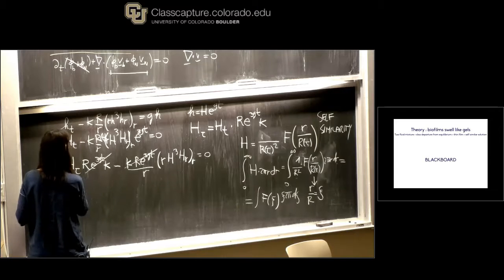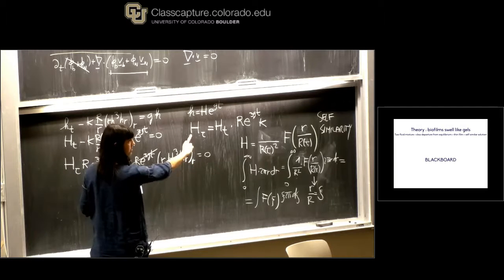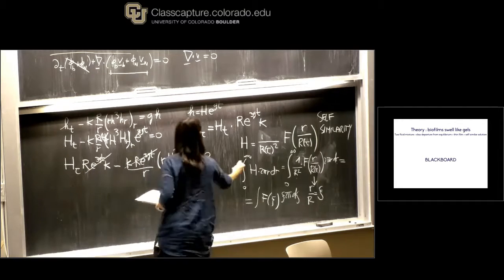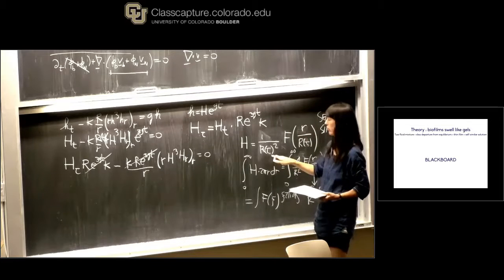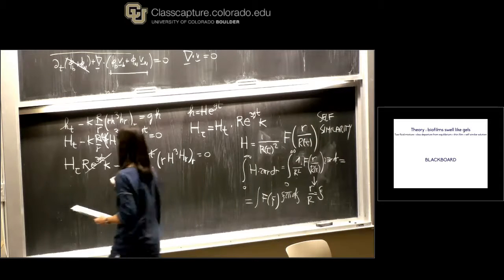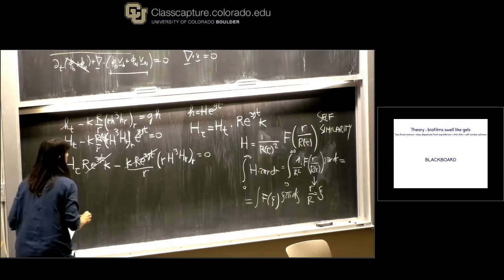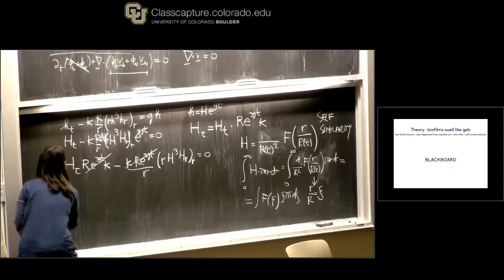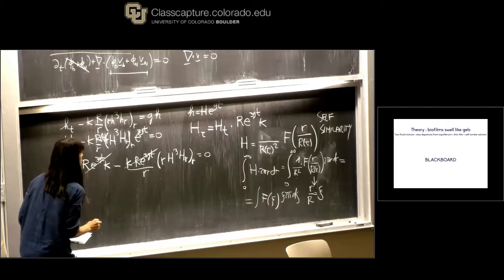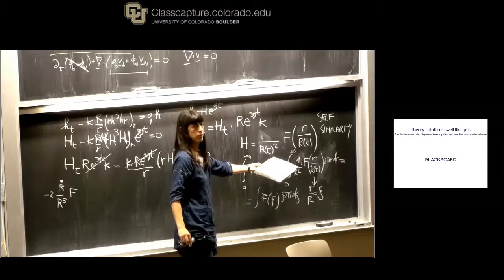Okay, so now we are ready to write down this equation for f and for R. We've separated the space dependence and the time dependence. So h tau will be the derivative with respect to tau, which goes here and here. So I have two terms. One is minus 2 times 1 over R cubed times R dot times f. I've done the derivative with respect to this term. Now I have the other one.